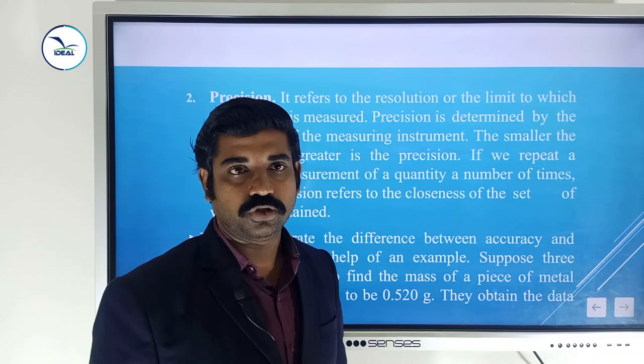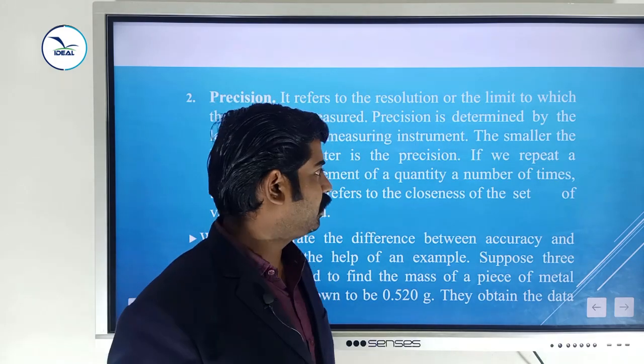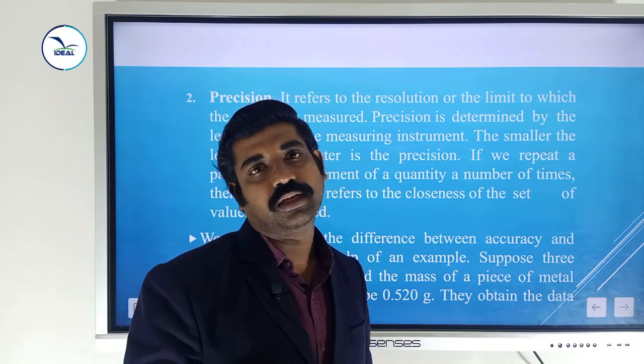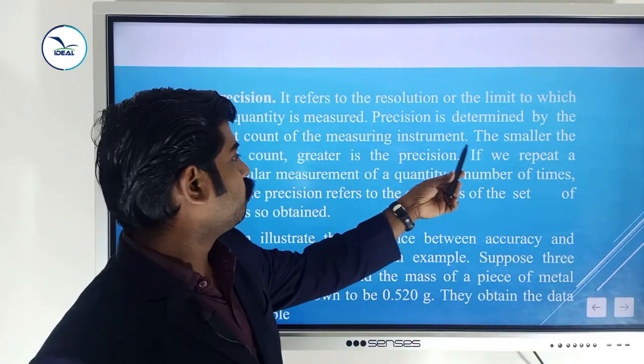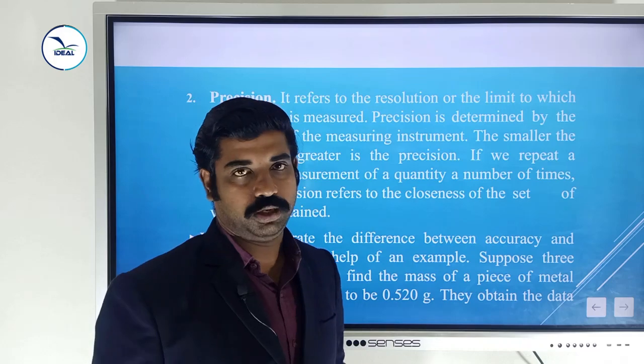0.001 is much greater precision than 0.01. Likewise, if the number of decimal places increases, then the precision also increases. So the smaller the least count, the greater is the precision.